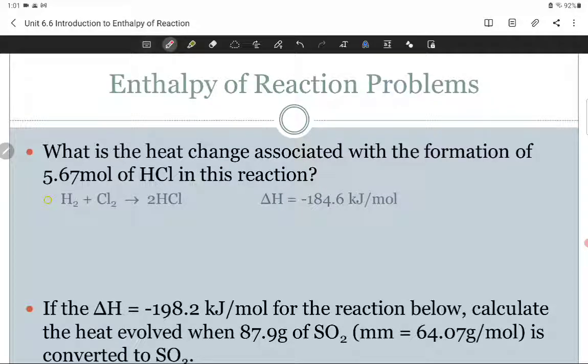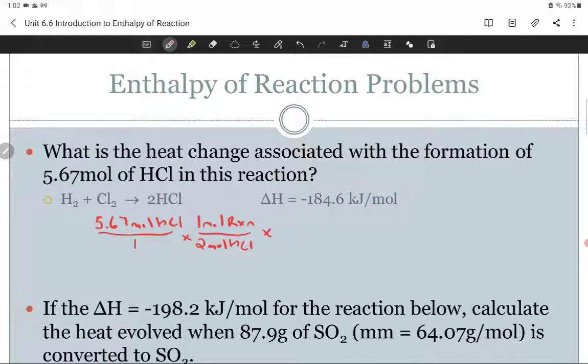So we could start off with the 5.67 moles of HCl. And then in the chemical reaction, there are 2 moles of HCl in one of the chemical reactions. We'll actually call this 1 mole of reaction. So now moles of HCl have canceled, but moles of reaction remain.